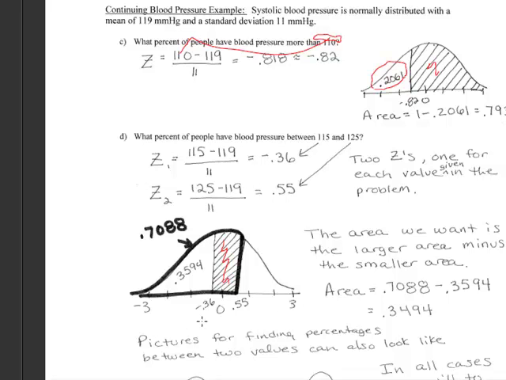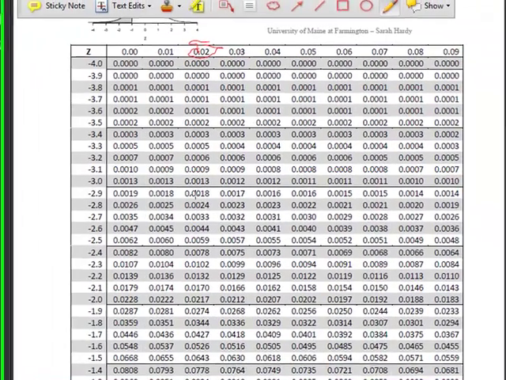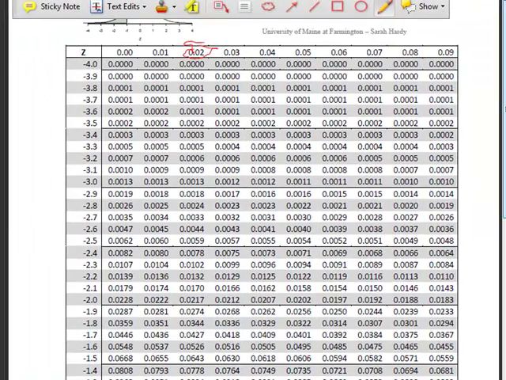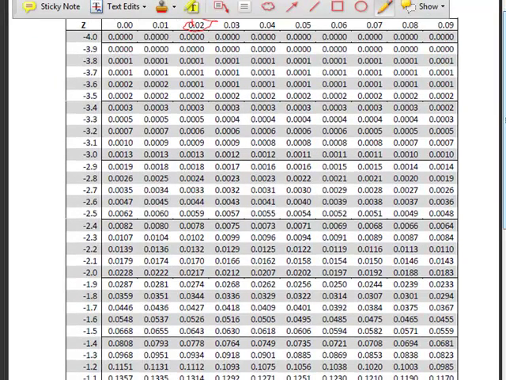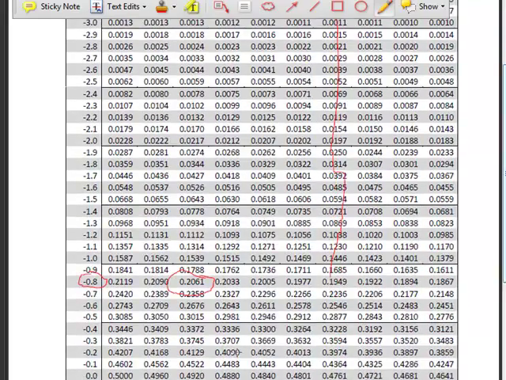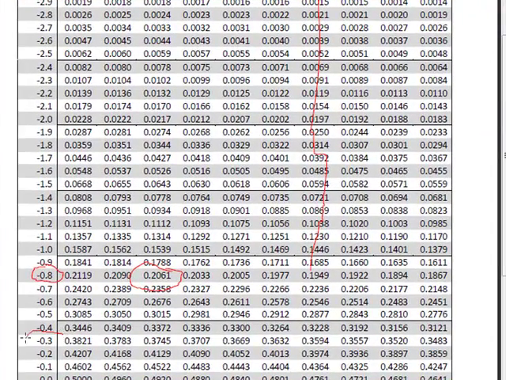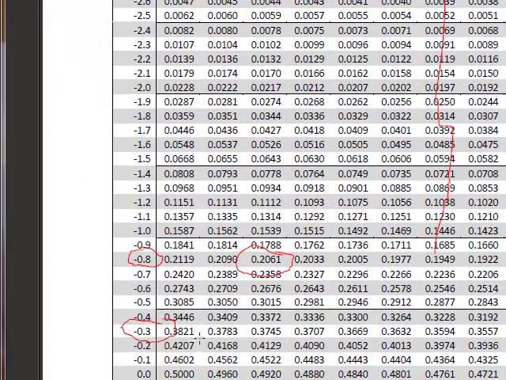If we look up negative 0.36, we're going to be over here, and the area we want is 0.3594.